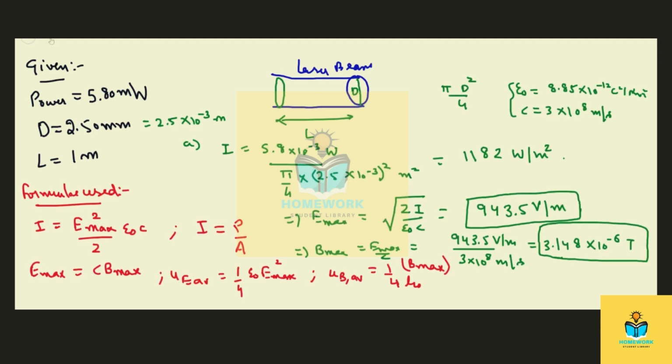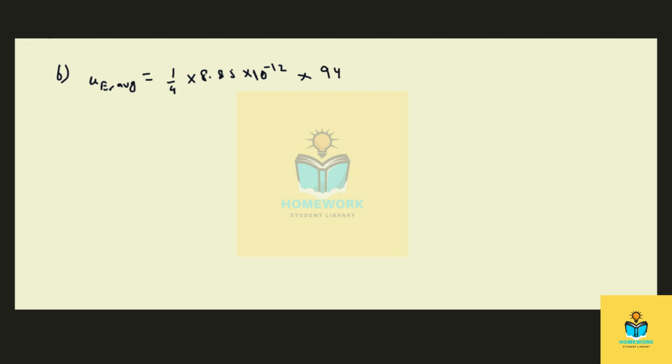So Emax is 943.5 square. So putting all this, we have 1.97 into 10 to the minus 6 joule per meter cube. So this is the energy density. Because we have meter cube here, that means this is a density term.